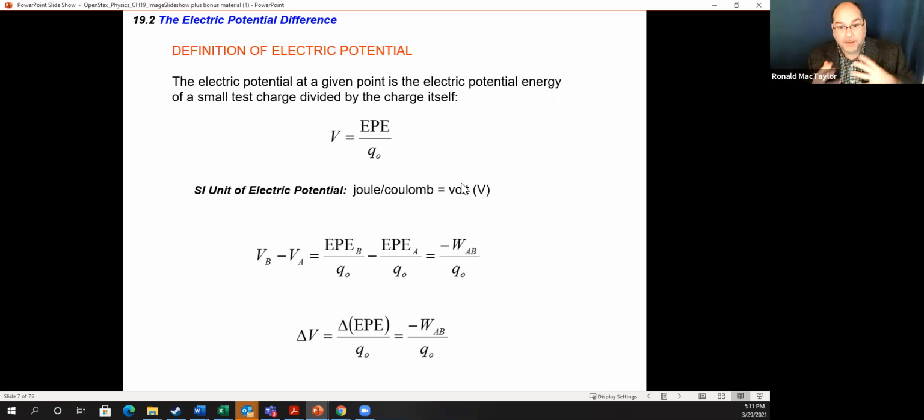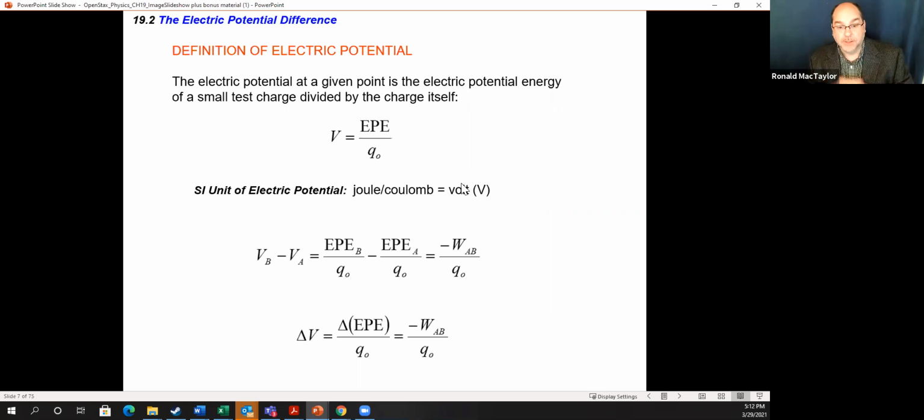But a battery or a wall outlet, it's defined by the voltage, the electric potential energy per unit charge. So voltage is joules per coulomb. That's what a volt is, 1 joule per 1 coulomb.